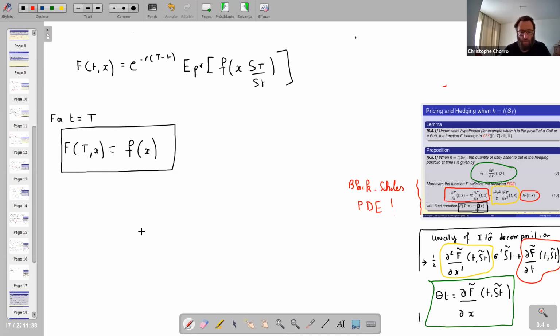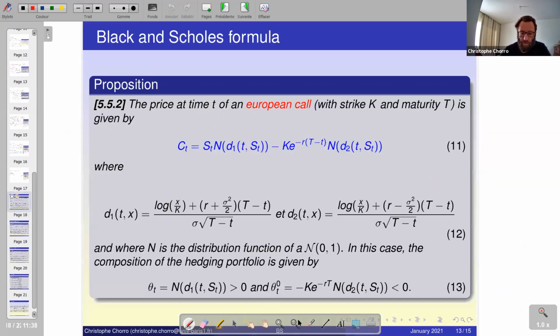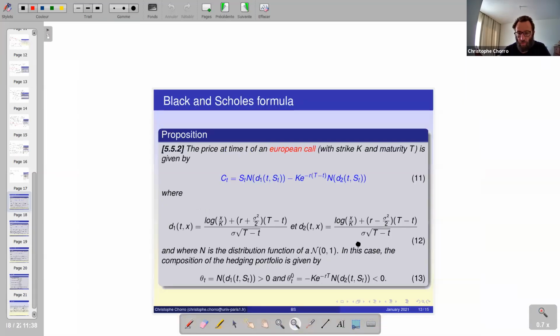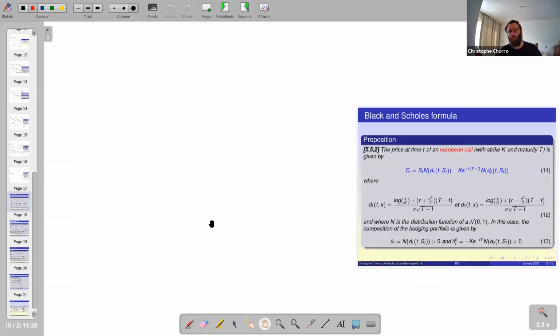Now we are going to be a little bit more precise, proving the so-called Black and Scholes formula. So what is the Black and Scholes formula? It tells you that in the case of a call or a put, it's equivalent, but let's take a call option.